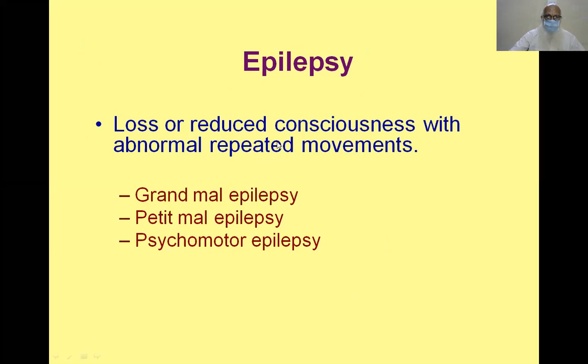Epilepsy is usually defined as a state of loss or reduced consciousness, plus there are also repeated movements which can be very fast or can be slow or jerky, etc. They can be variable, abnormal, simply abnormal. So we have varieties like grand mal epilepsy, petit mal epilepsy, and psychomotor epilepsy, depending upon these kind of changes.